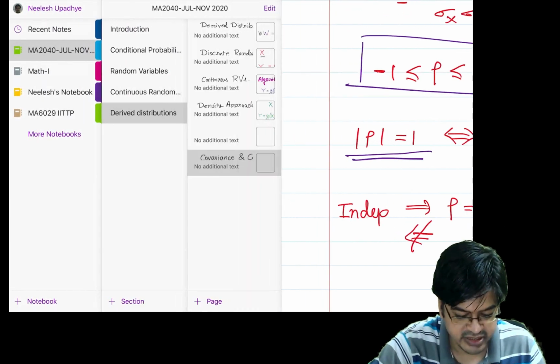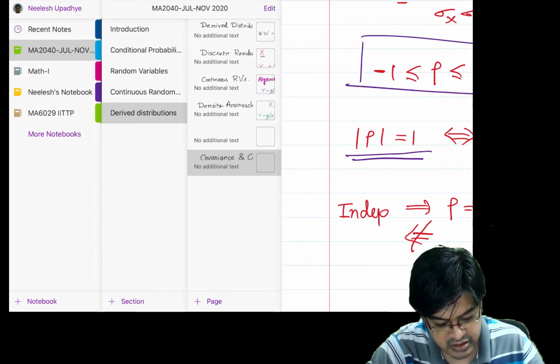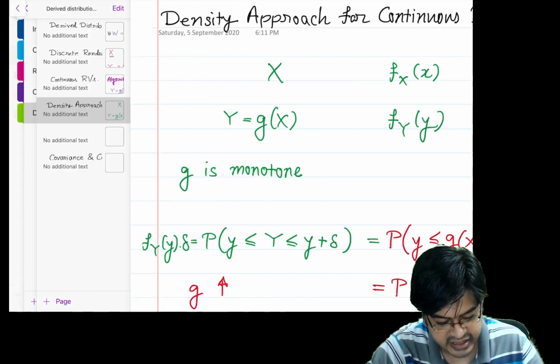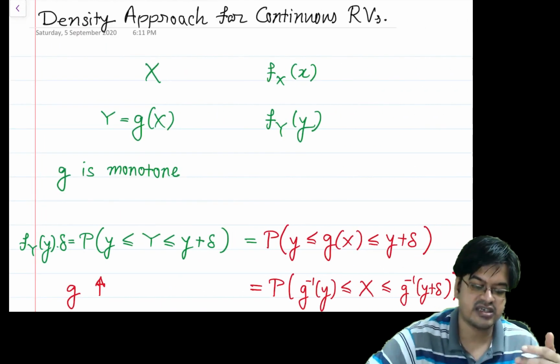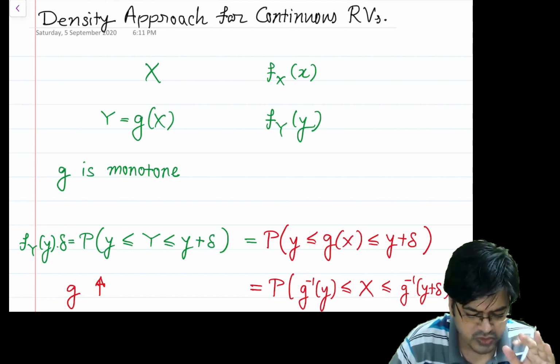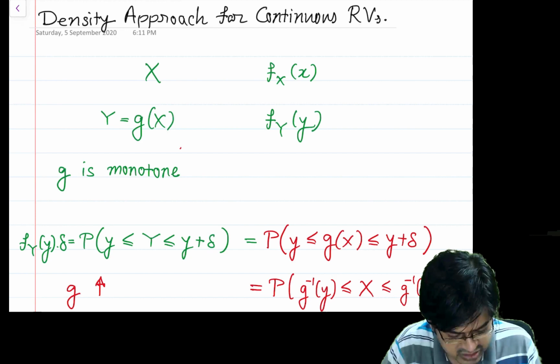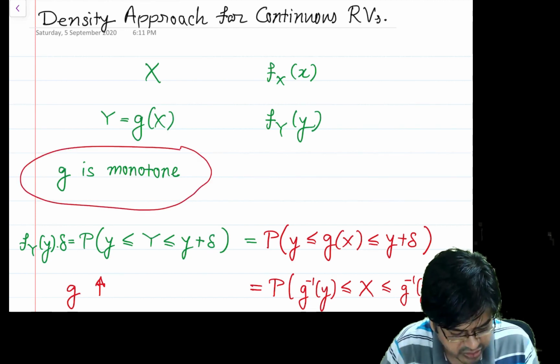One more fact that is remaining is for continuous random variables. We can actually derive directly the density of continuous random variables. For that, we simply need one more condition which was not there earlier. So this g should be monotone.